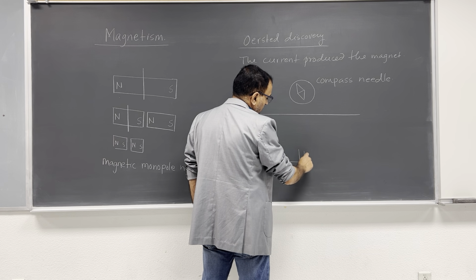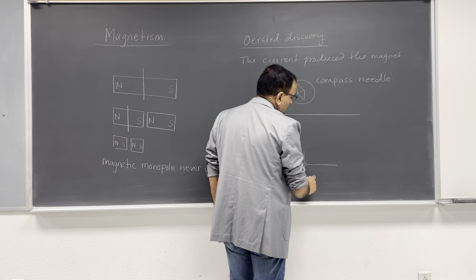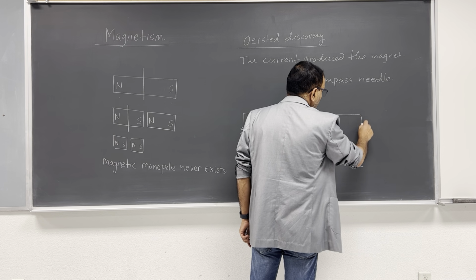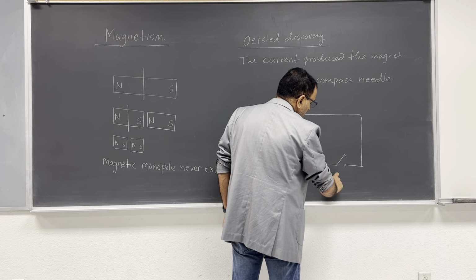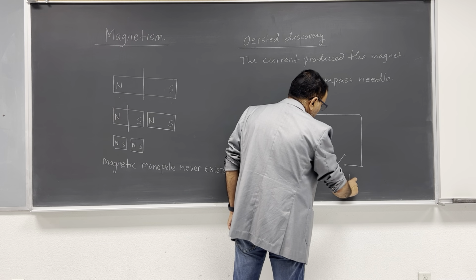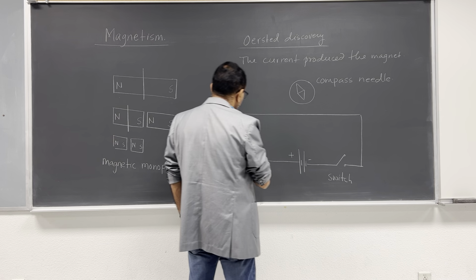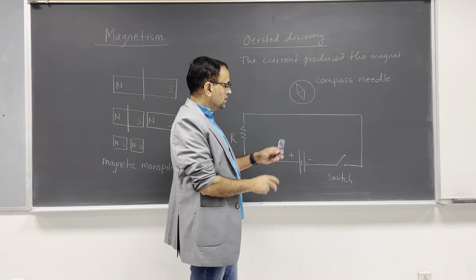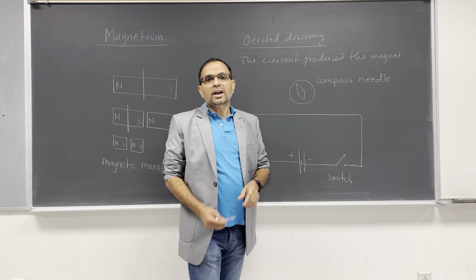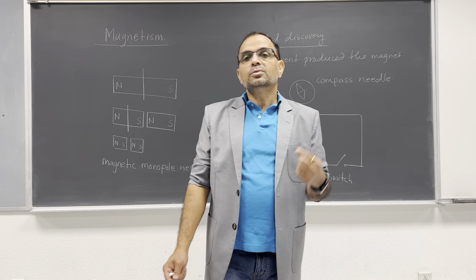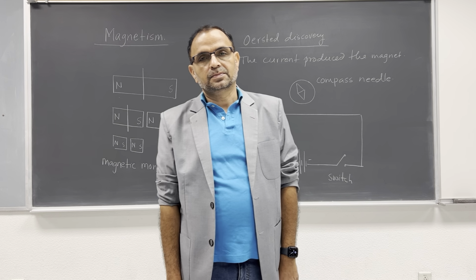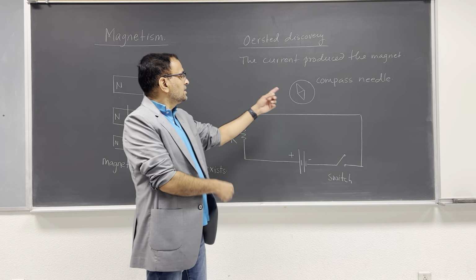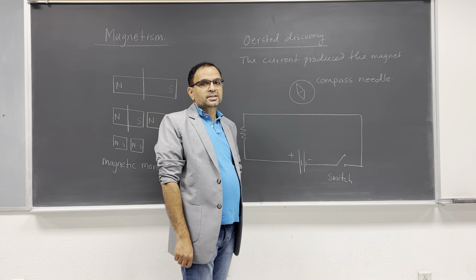You have a battery here. You can keep the switch there. Okay, so this is the switch, this is the battery, this is the resistor, and here you have a compass needle, and you know that a compass needle always points north and south. Okay, so in this case, this compass needle points north and south.